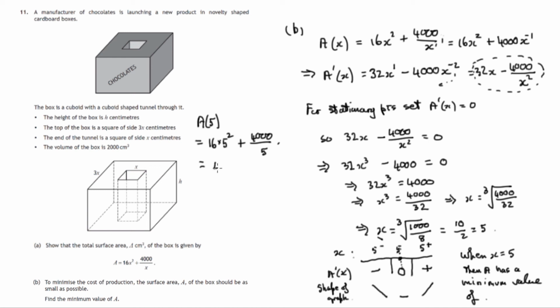So that'll be 400, and 5 into 4,000 is 800. So we're getting a value of 1,200 square centimetres. So that's the minimum surface area for a box of this kind that has a volume of 2,000 cubic centimetres.